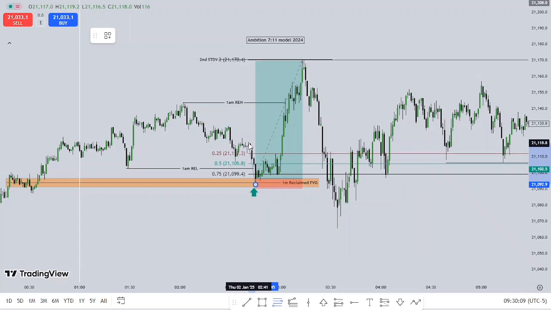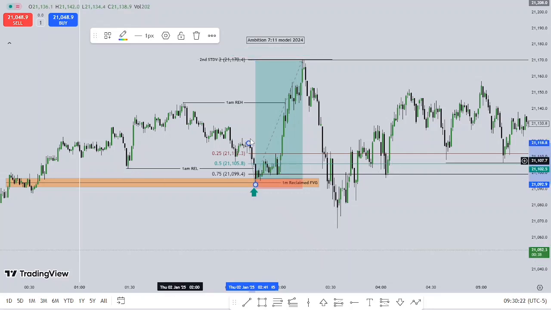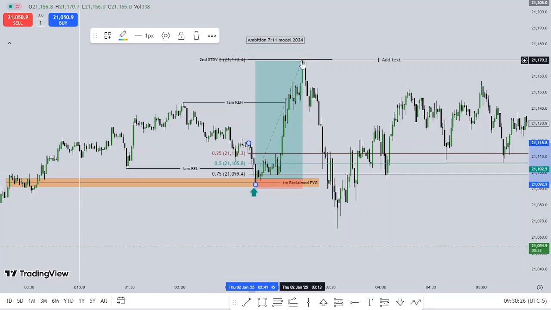So using this low and this high as the range that took out the sell stop, we mark the second standard deviation, which is where the price has run to.